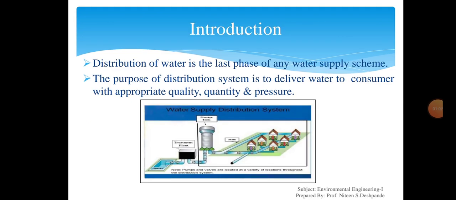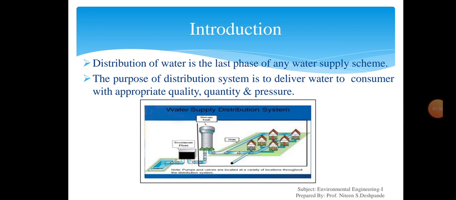So the distribution of water is the last phase of any water supply scheme. The function of the distribution system is to furnish the treated water in required quantity, maintaining its quality, under required pressure wherever it is needed in the city or the town.